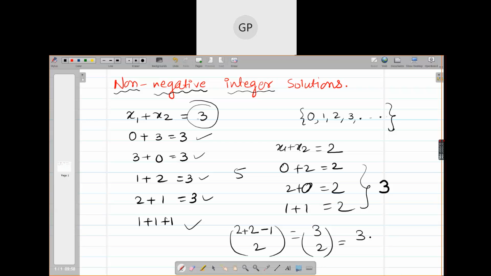So the number 3 is very small so that we can list out all the solutions. Number 2 is also very small. We can list out actual solutions. But if I give you a number, say 355, can you list out the number of solutions?